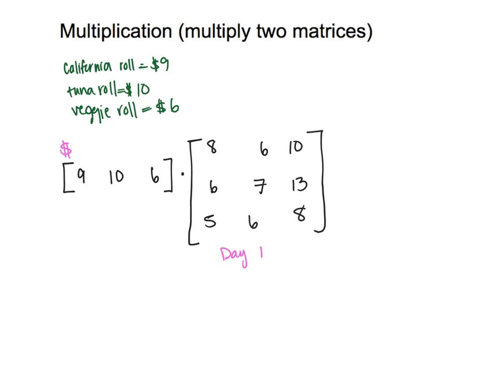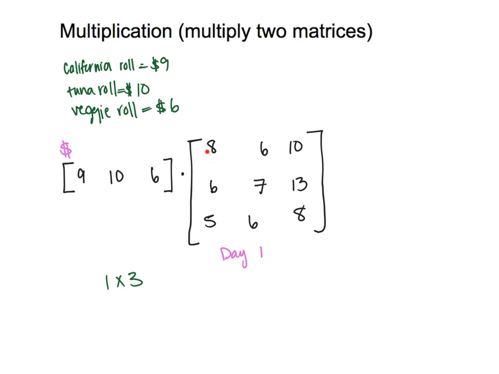I do want to say here, when I multiply this matrix with this matrix, remember the size matters when you multiply matrices. So make sure that when you do it that they check out. If you want to check that you can multiply these matrices, look at the dimensions. This first matrix has 1 row and 3 columns, so it's a 1 by 3.